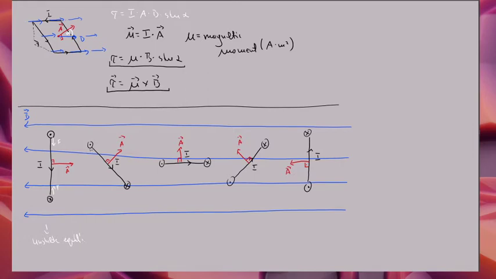Then the force on this one here would also point down by the same right-hand rule principle. Here the force would point up, and obviously what we see is that this loop will rotate like that. And in this case, the force by the right-hand rule again would point down, and here the force would point up. And so this thing would continue to rotate.